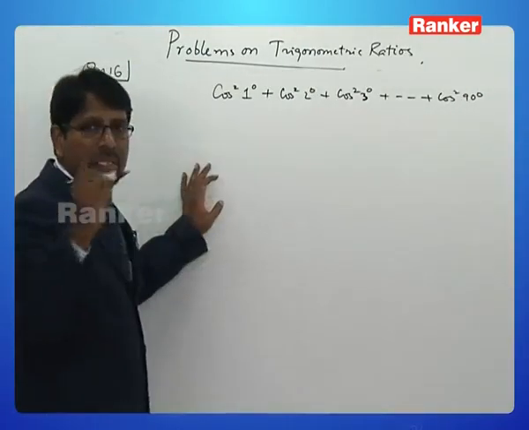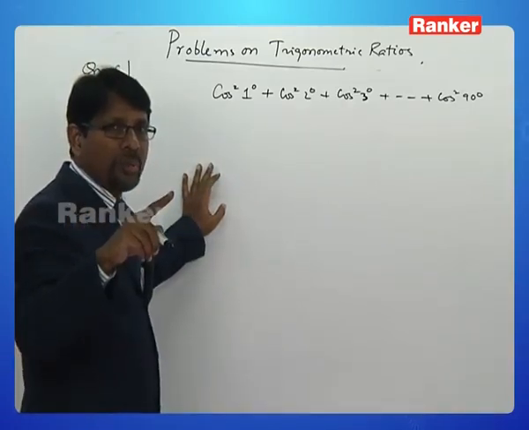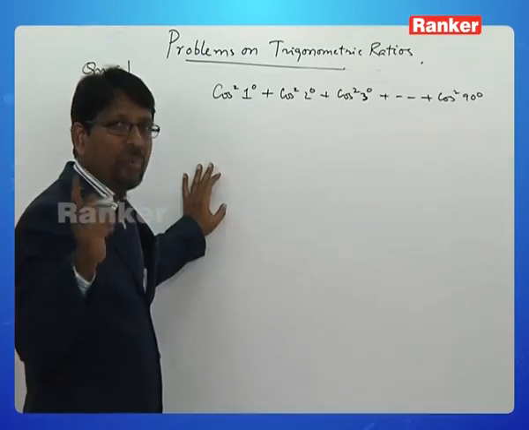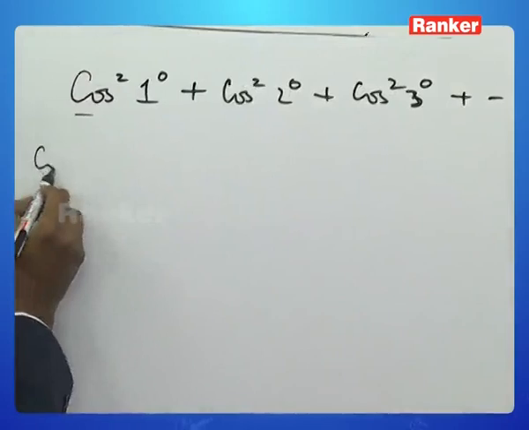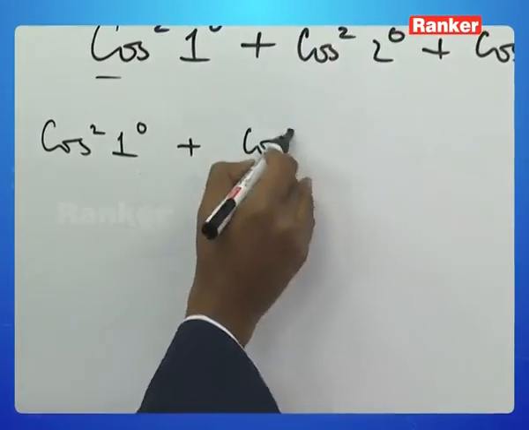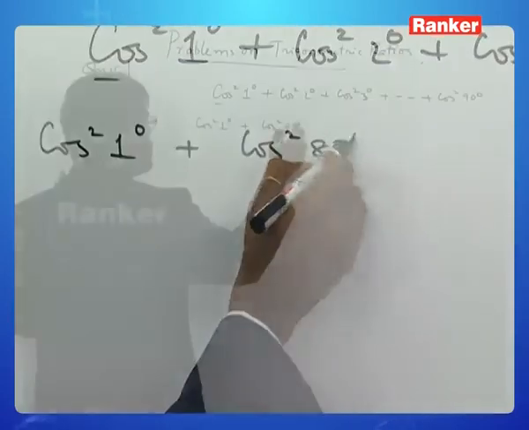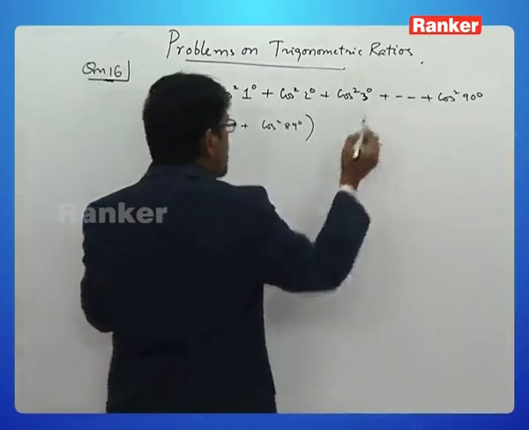Now 1 and 89 are complementary angles. Cos square theta plus cos square of 90 minus theta will be 1. So what we'll do is club cos square 1 with cos square of 89, the first and the last but one.